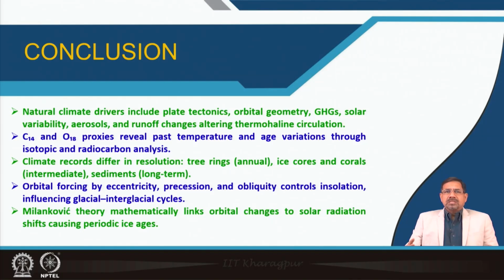The C14 and O18, okay, these are the isotopes. The originals are C12 and O16. So these C14 and O18 isotopic proxies reveal the temperature and the age variation through radiocarbon and isotopic analysis. The climate records differ in resolution.